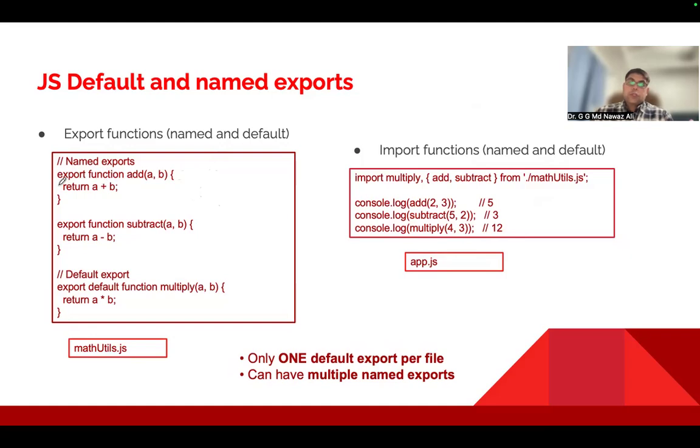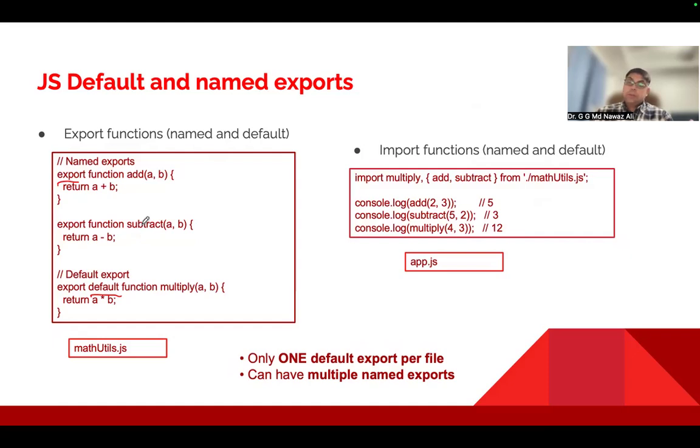We can export two ways. One is just the export, which is called named export. Another one is the default export. The default is basically just for one function or tool per file, but you can use as many named exports as you want.